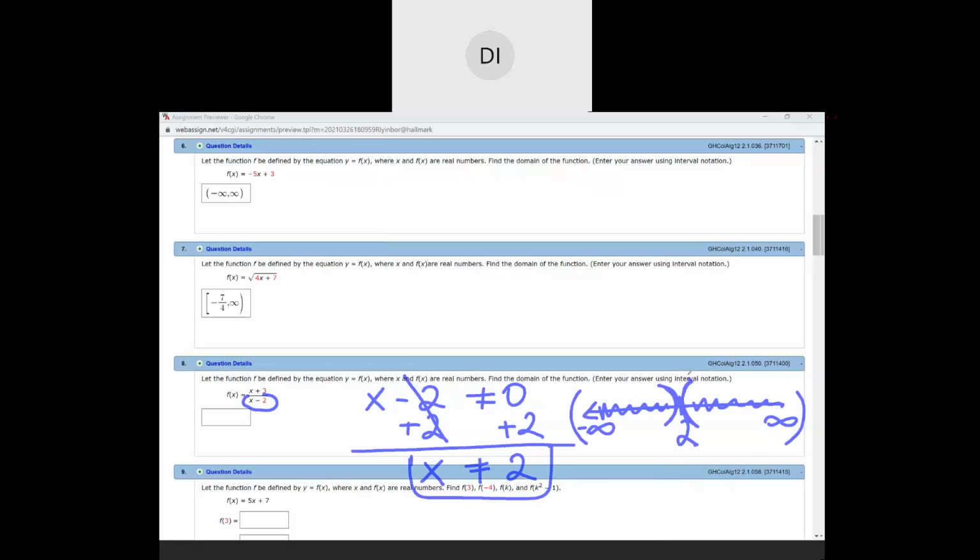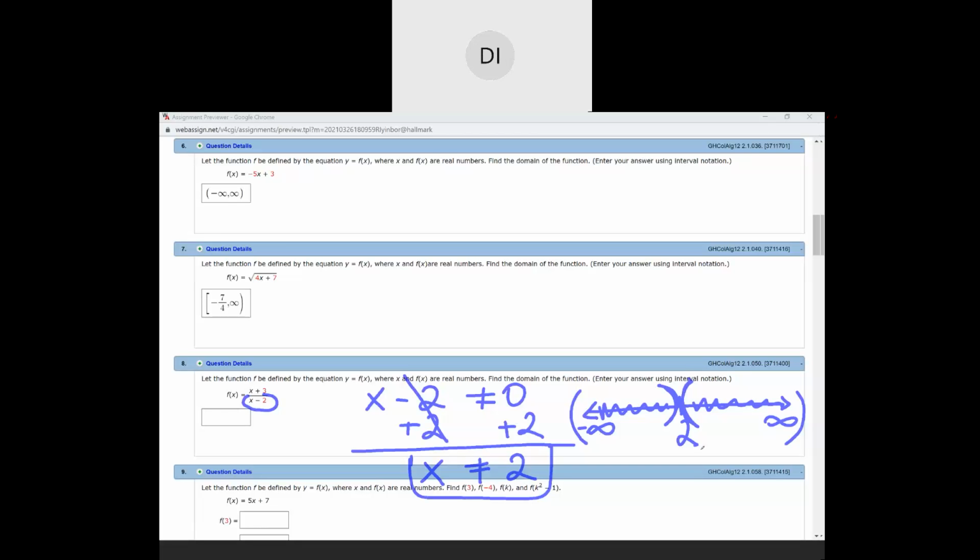The difference between parentheses and bracket is that when you have parentheses, you don't include that number. So x could be 1.9999999, but not 2. And the same, it could be 2.00001, but not 2. So parentheses, you don't include the number. Bracket, you include that number. So that's how you write it.